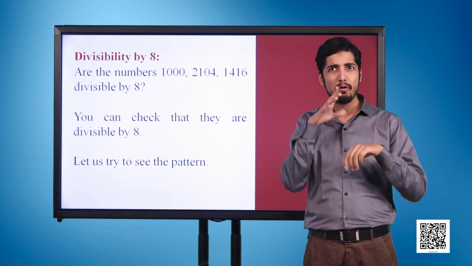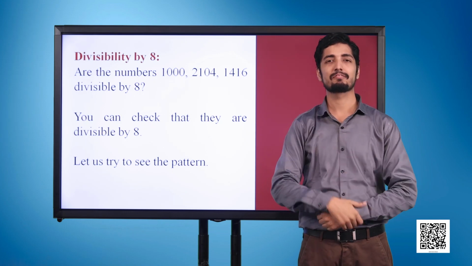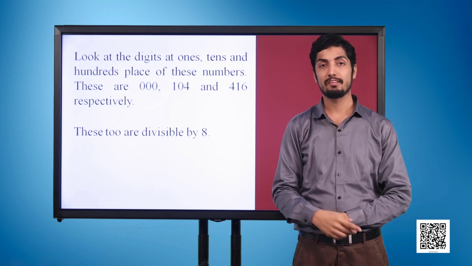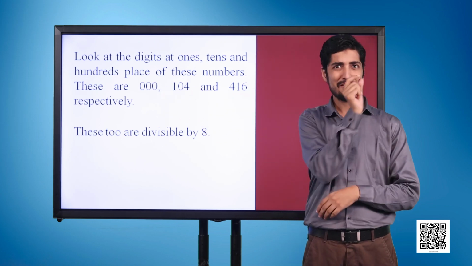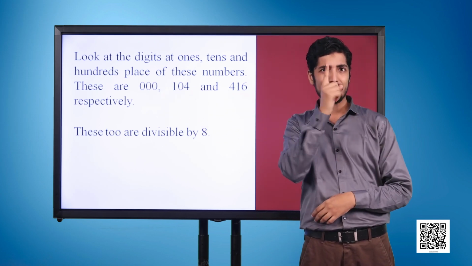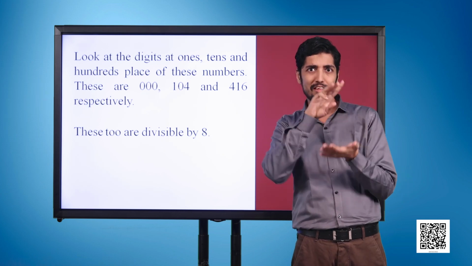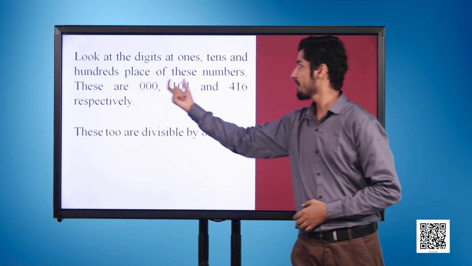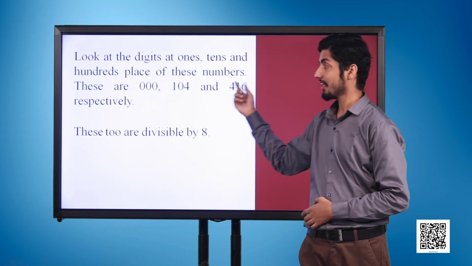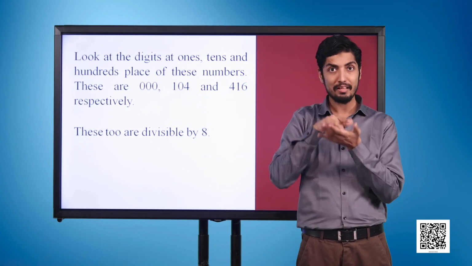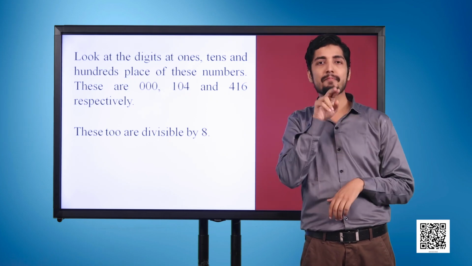Let us try to see the pattern. Look at the digits at ones, tens and hundreds place of these numbers. These are 000, 104 and 416 respectively. These are divisible by 8.